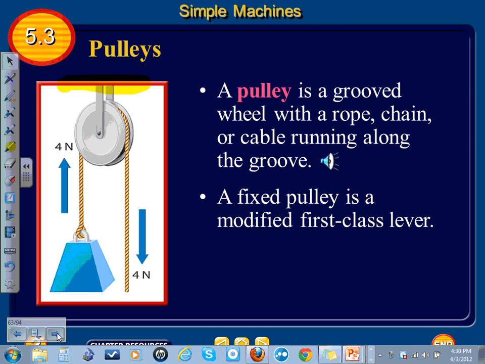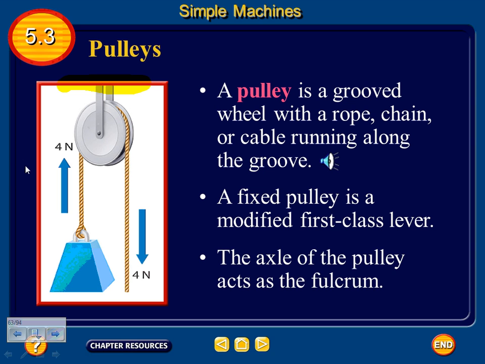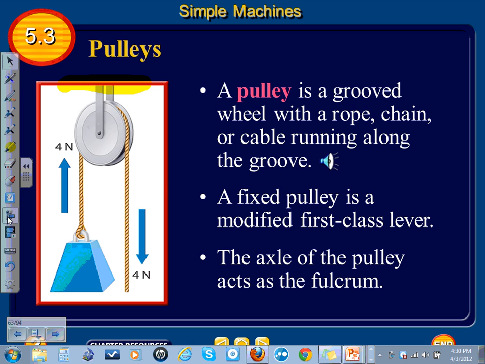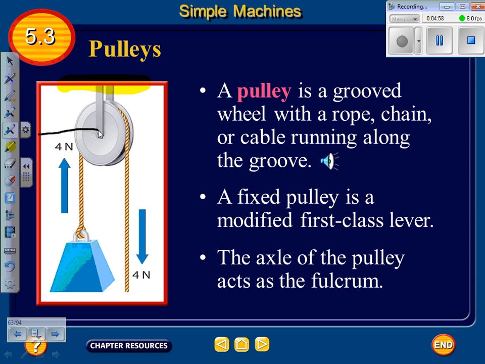So a pulley is a modified first-class lever. The axle of the pulley acts as the fulcrum. Just like if you envision here, and I can draw it for you, if we were to put an axis right through here, the fulcrum would be the wheel.